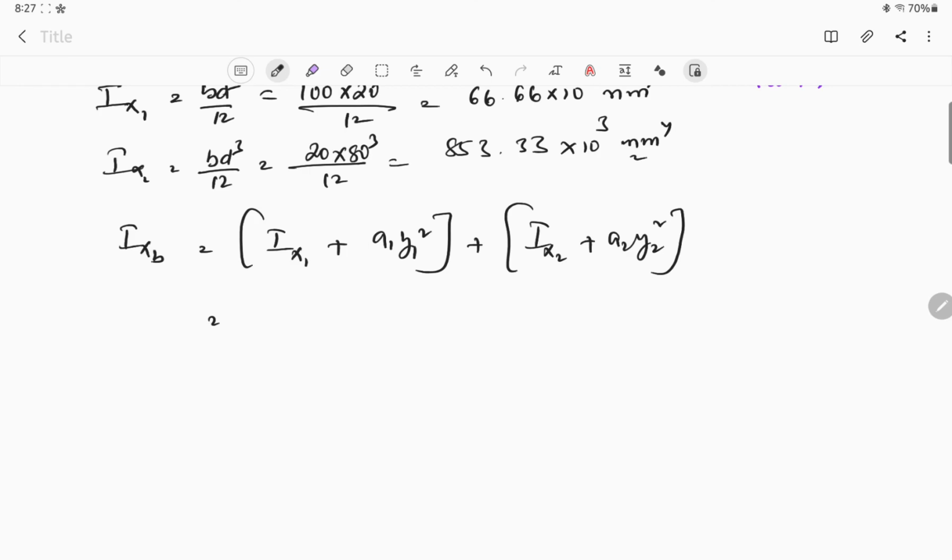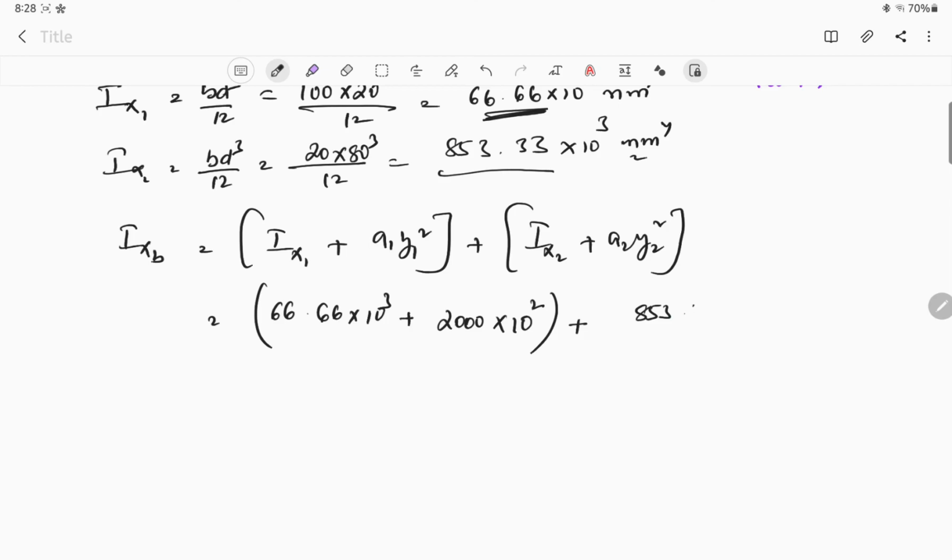This is the formula to calculate our moment of inertia about its base. So what values do you have to substitute here? 66.66 into 10 power 3 is Ix1. Then we have plus area 2000 into y1, 10 square. This is one component. Then Ix2 is how much? You got 853.33 into 10 power 3, right?